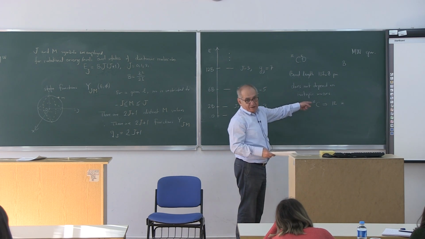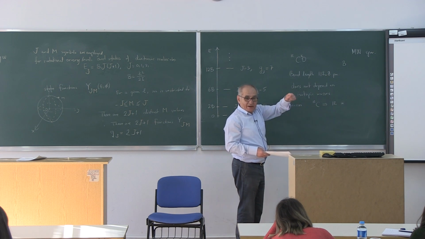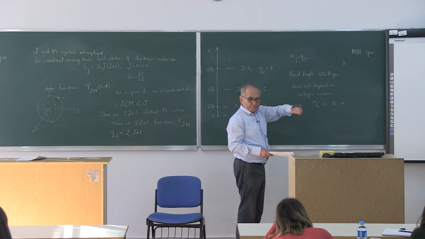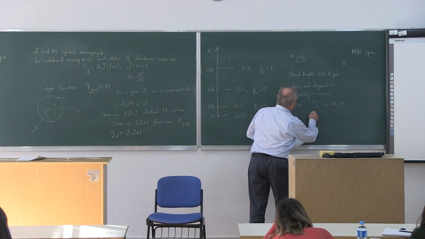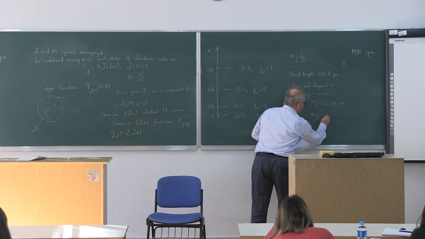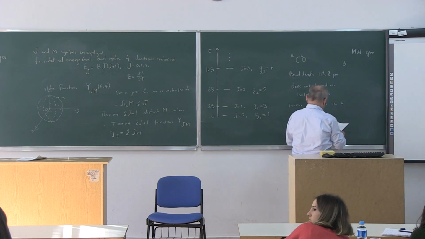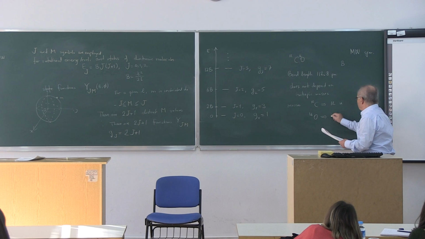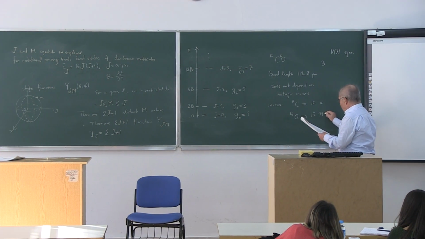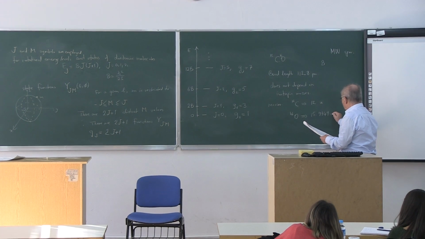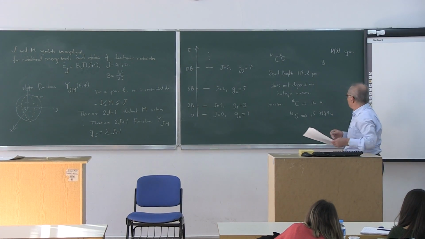Or, as you know, that number means gram per mole. Now for the oxygen 16 mass, it is 15.9949 atomic mass unit.